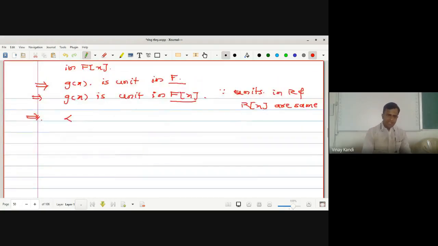So the ideal generated by that g of x is equal to the whole of capital F of x. How? Suppose Z is a commutative ring with unity. Okay, which is the unit member in it? It is 1. So what will the ideal generated by 1 be?